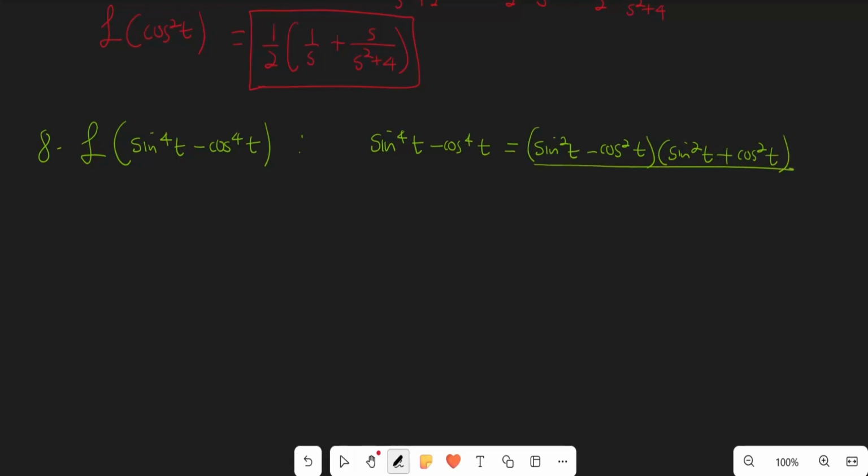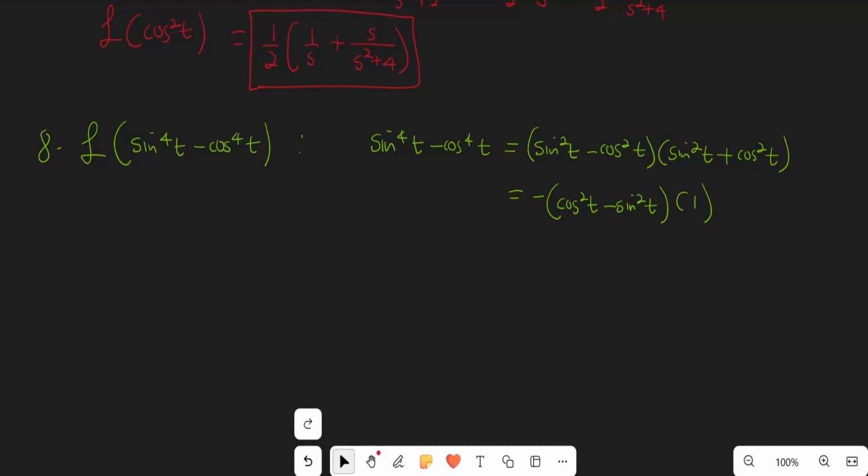When we multiply these guys by foiling, we are going to get the left hand side. So this one, from the Pythagorean identities, is equal to 1. But this one, I'm going to reverse as the negative into cosine square of t minus sine square of t. And this is multiplied by 1. This one is 1 from the Pythagorean identities.